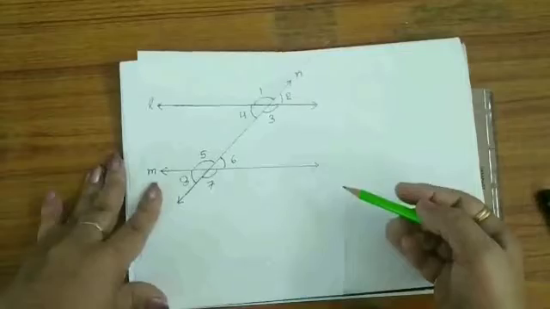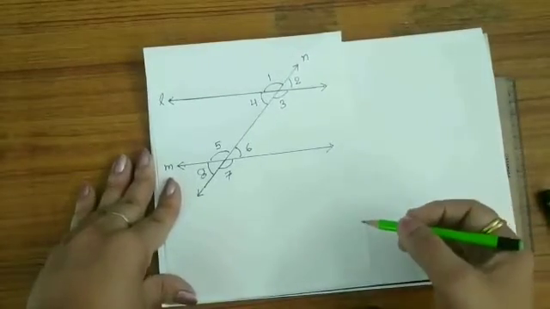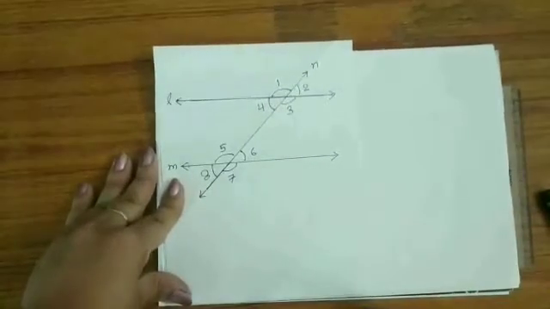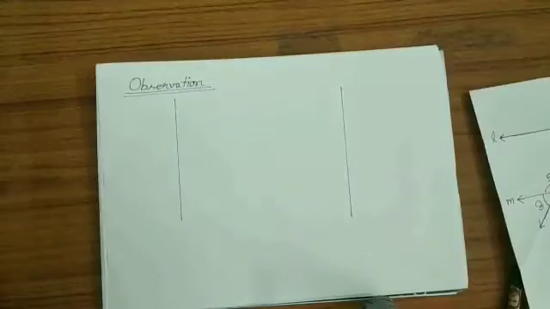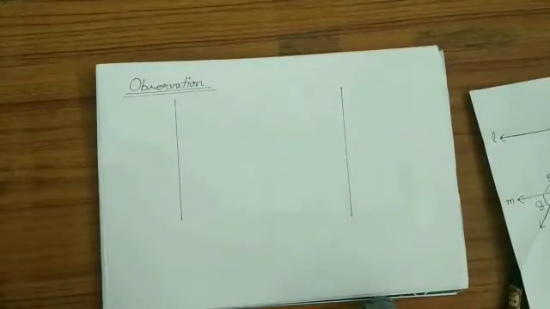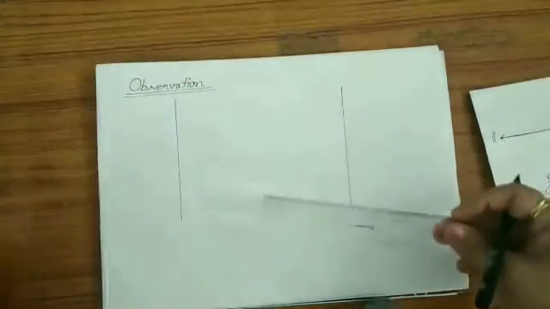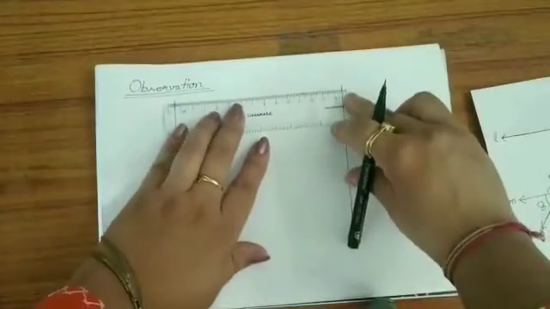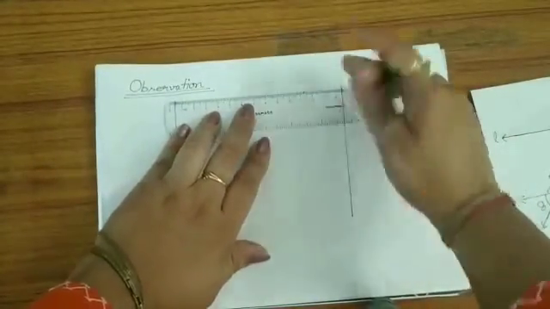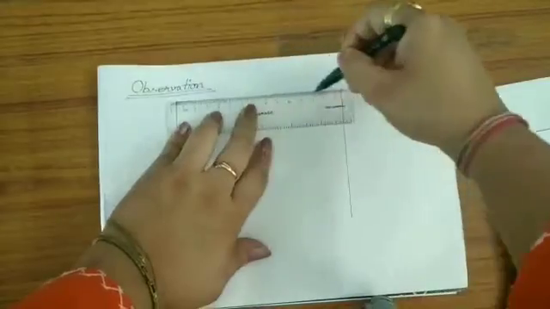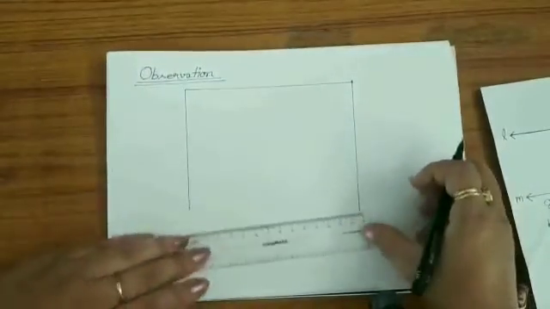So firstly students, we will make a calculation table, which is also an observation table. So like this you will also draw it, students. Here we will mention corresponding angles as well as alternate interior angles. Okay. So like this, students, you will also make.